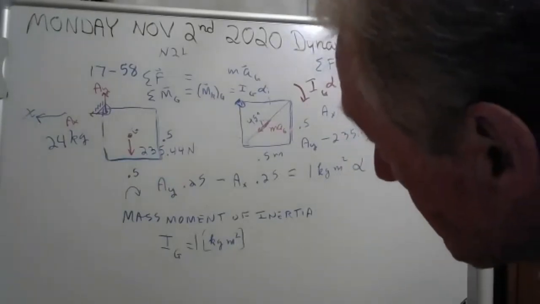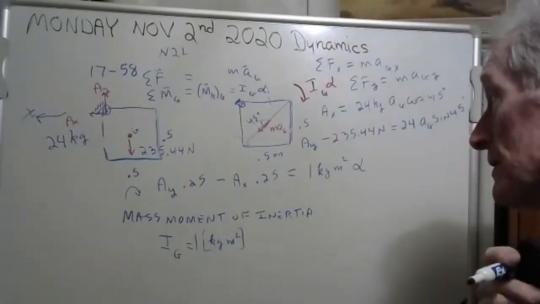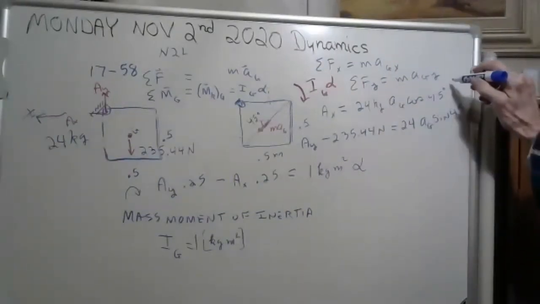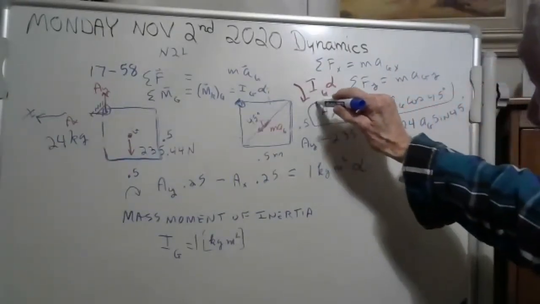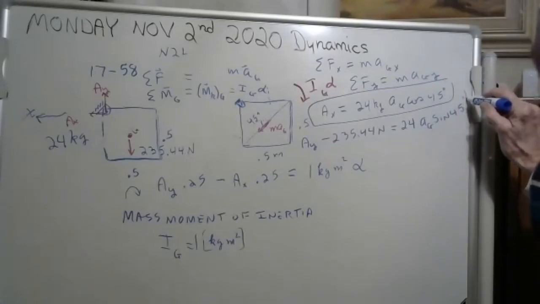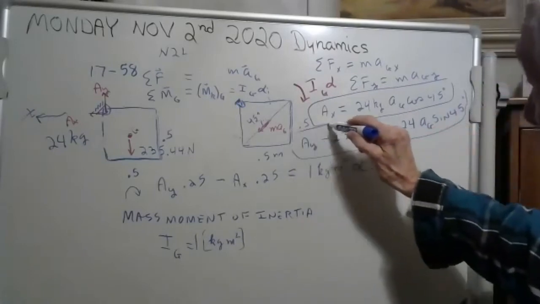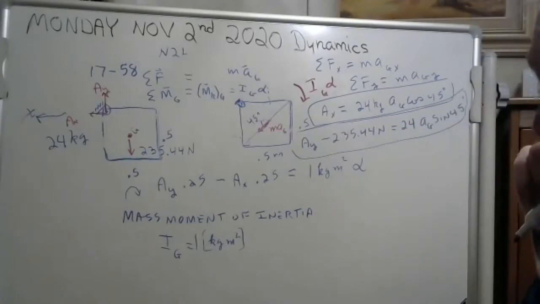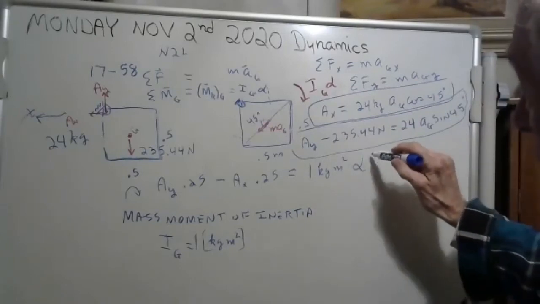Well, let's see what we got here. I'm going to box up these equations. We got some lovely equations. We have one for AX, one for AY, and then we have this one here.